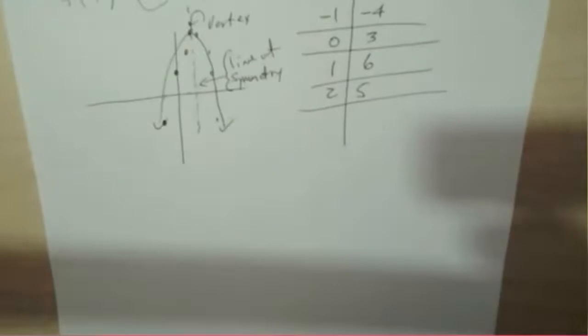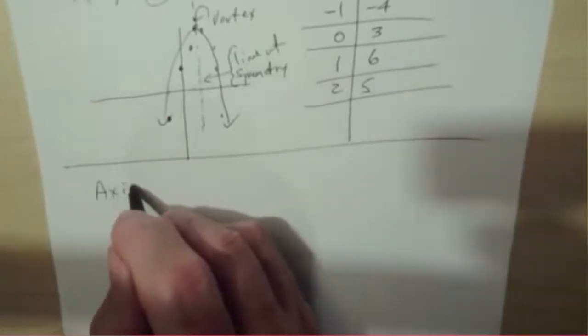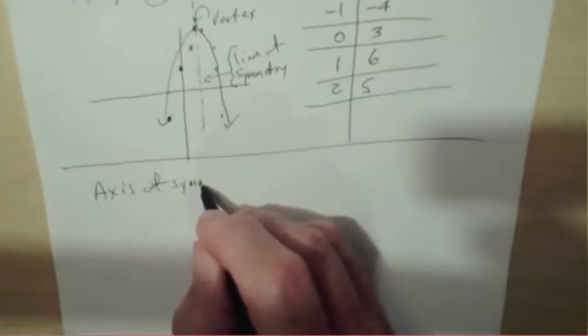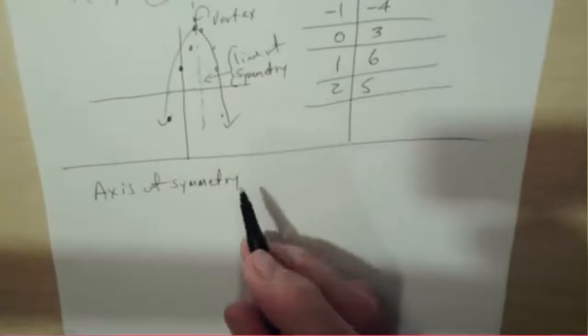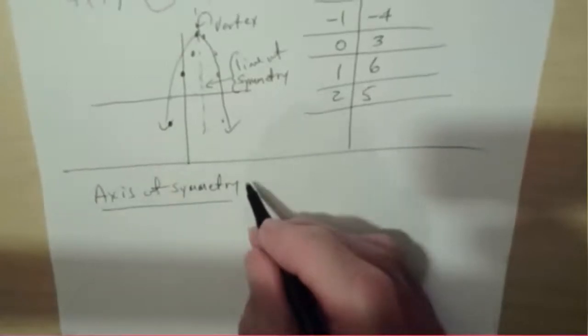Okay. Now the axis of symmetry, S-Y-M-M-E-T-R-Y. The axis of symmetry, there's a formula for finding this.